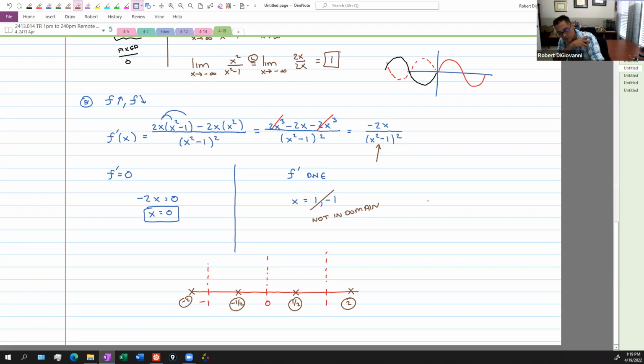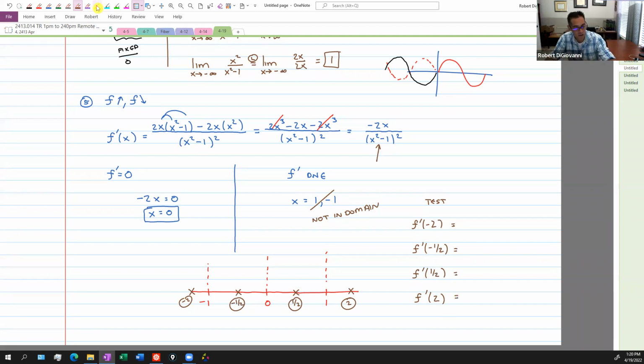So I'm going to test those over here on the side. I want to do F prime of -2, F prime of -1/2, F prime of +1/2, and F prime of 2. And all I care about is whether or not I get a positive or negative. That's all I care about.